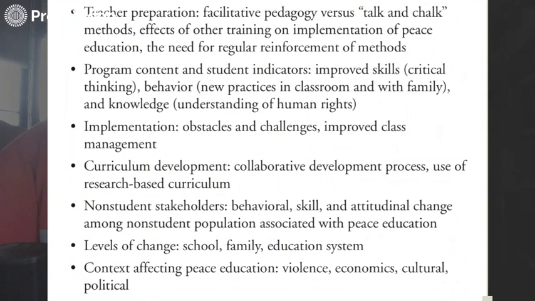In terms of program content and student indicators, he noted improved skills, improved behaviors, and knowledge, especially understanding of human rights. In terms of implementation, these are the implementation obstacles and challenges, and the improved class management.